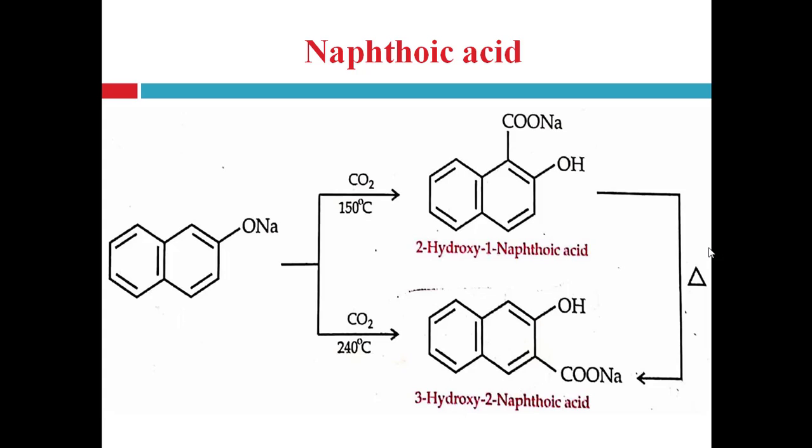And at high temperature, this sodium salt of 2-naphthol reacts with carbon dioxide at 240 degrees Celsius and forms 3-hydroxy-2-naphthoic acid. All produce hydroxy-naphthoic acid, but positions of the carboxylic acid group and hydroxyl group are different according to the temperature.